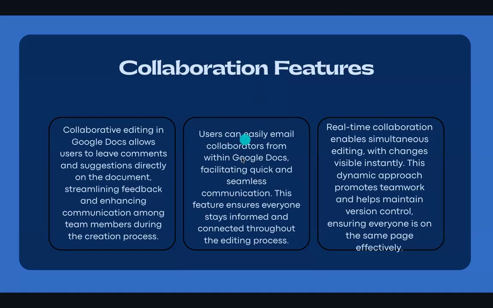The users can easily email from the document. So you saw how we were able to tag the person. Again, that's going to make it quick and seamless. Great communication. They're going to be clear as to who you were talking to, right? You know exactly: no, this task is for Tanisha. No, this is for Henry. No, this is for Lisa, right?